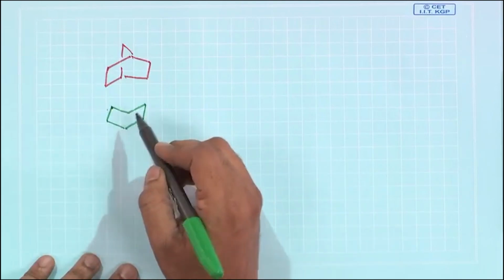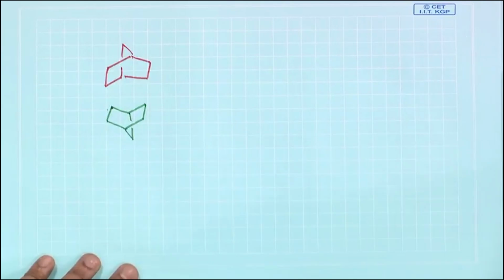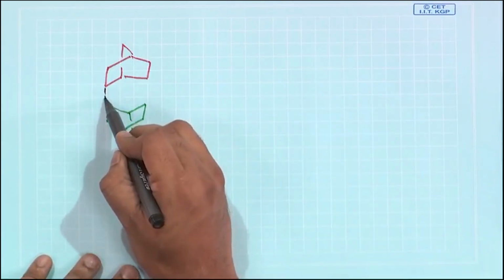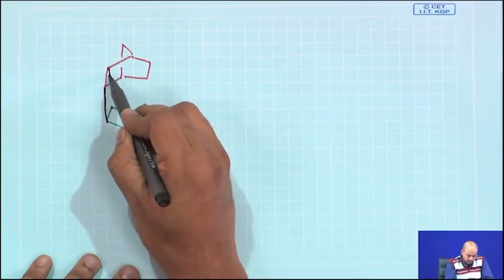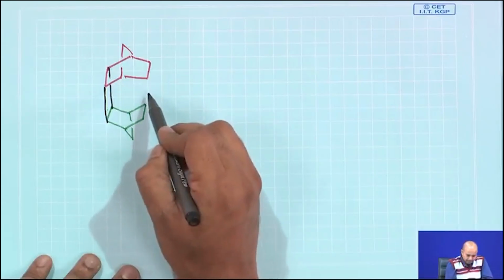Now, this drawing is pretty important because it will give you the sense of how I connect these two norbornenes is very important. I am connecting this norbornene with this black bond. Okay.